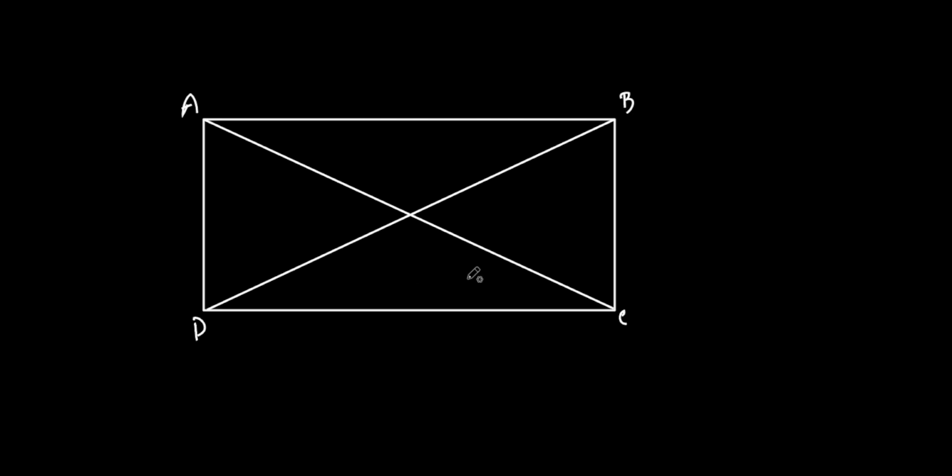And they also bisect each other, correct? So what if I told you that, I'm just making this up, what if I told you that AC was 10? And we'll call this M. What would AM equal? 5. Easy. Everybody with me on that? What would MB equal? That would also be 5, wouldn't it?